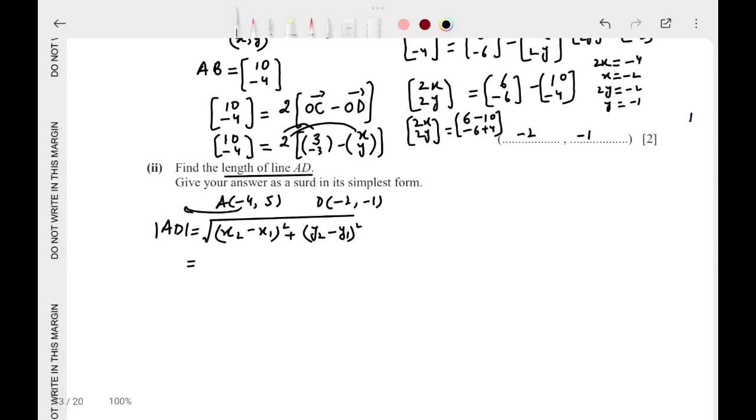We can label it, this is x1 and this is y1, this is x2 and this is y2. So minus 2 minus minus 4 whole square plus y2, that is minus 1 minus 5 whole square, under root.